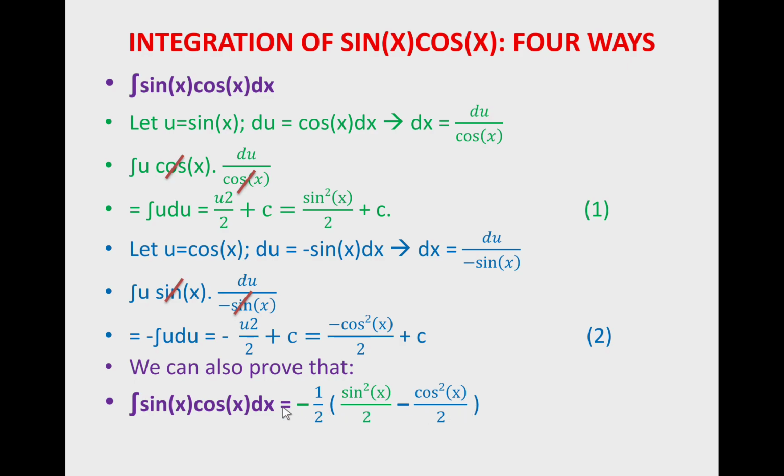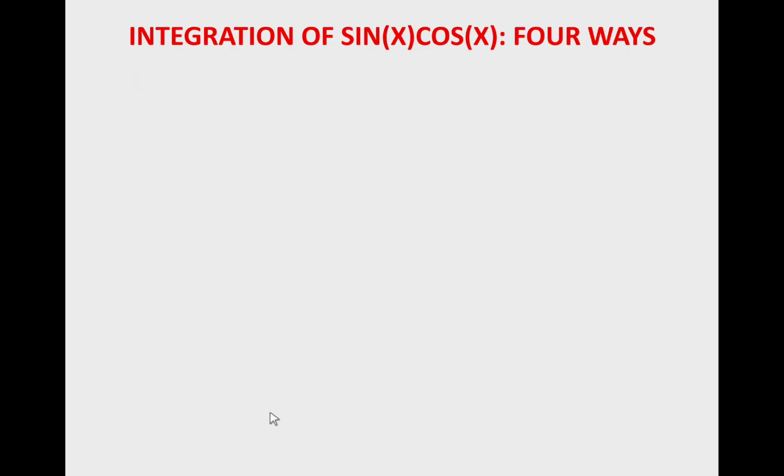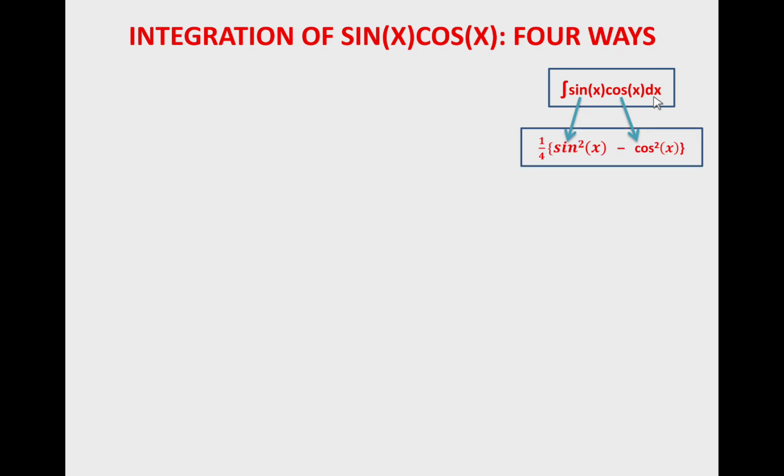To prove this part, we're going to use a couple of steps here. First, we'll list the integration of sin x cosine x dx. And then second, to get the integration, we'll take the first function, which is sine x, and square it, and then subtract from it the square of the second function, which is cosine x.